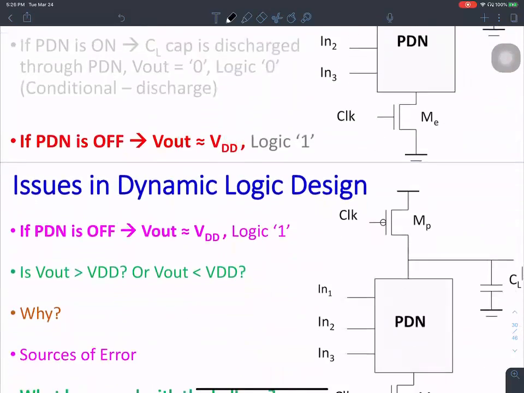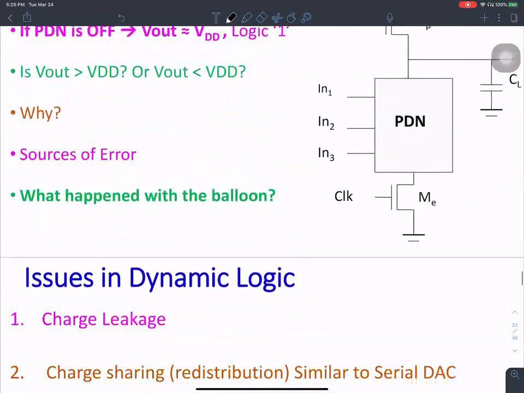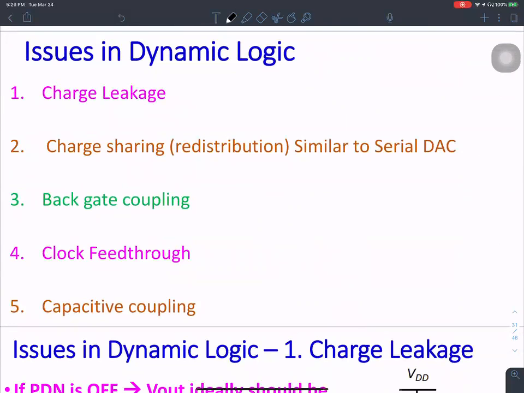So let me list the problems in dynamic logic circuits. There are 4 problems in dynamic logic circuits. A dynamic logic circuit typically has a PMOS, a pull down network and one NMOS. The PMOS and NMOS are connected to the same clock.